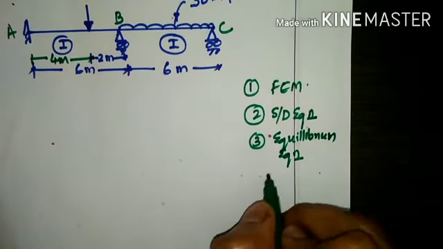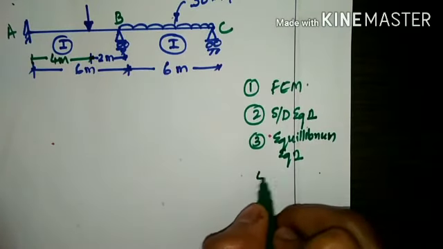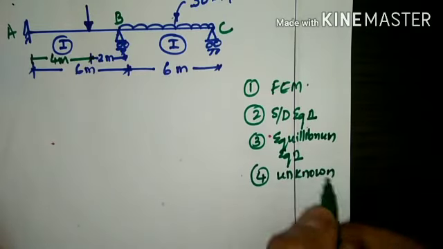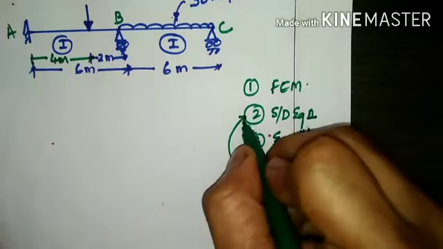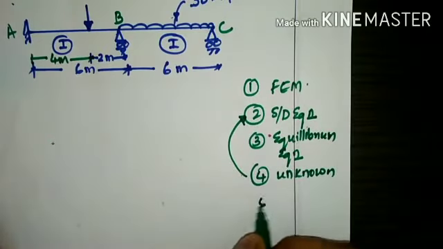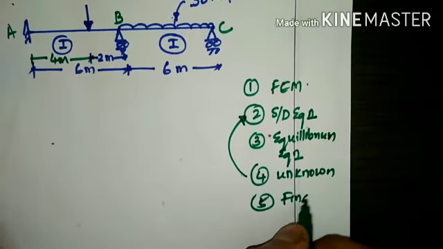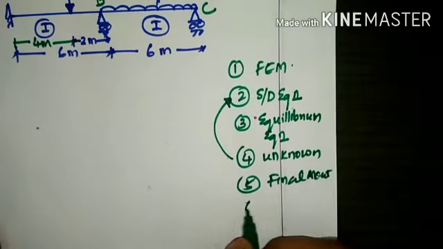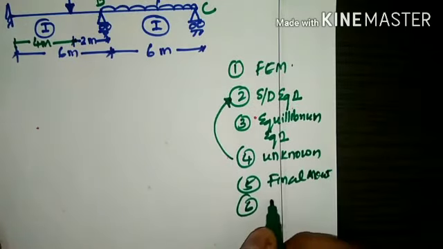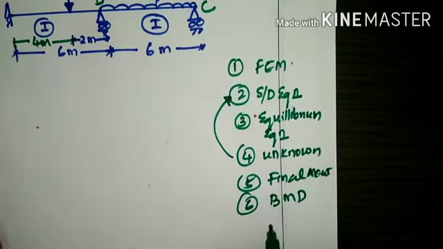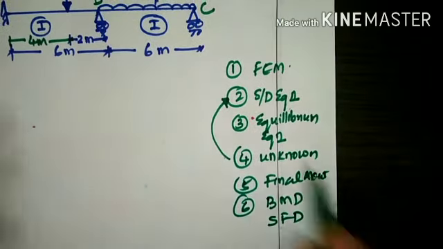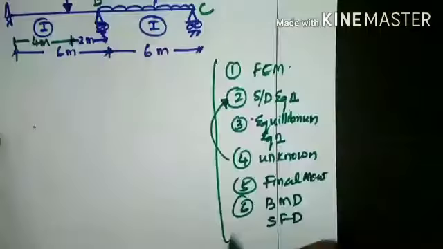Then after using the equilibrium equation, we find all the unknowns, and resubstitute them in the slope deflection equation to find the final moment. Once we get the final moment, we are much more comfortable drawing the bending moment diagram, shear force diagram or elastic curve, whatever is required for the analysis.